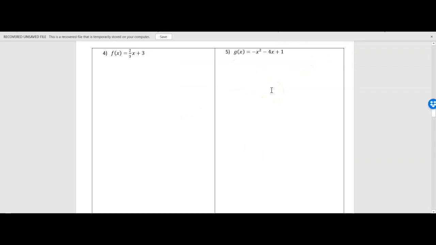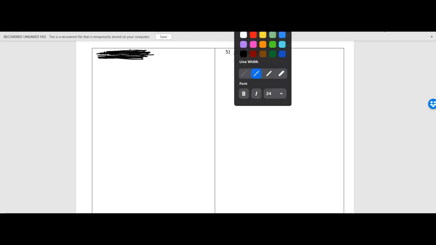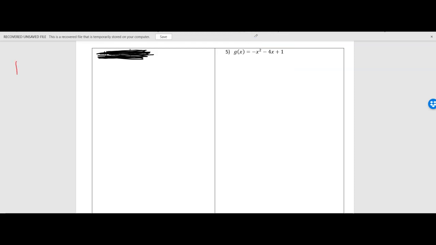So we have g of x is equal to negative x squared minus 4x plus 1. I'm also going to run out of space, so I'm going to cross out this problem because I may need to use the whole page. I'm actually just going to start over here. Let's write out what we're trying to find.